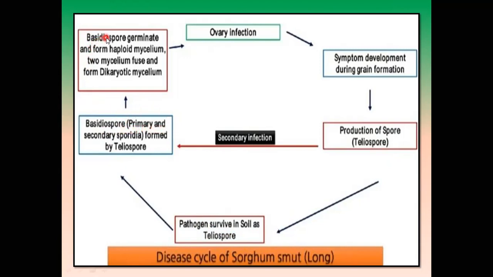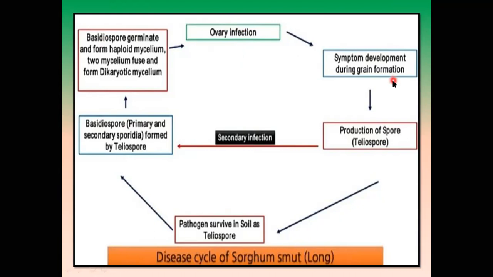Finally basidiospores are produced, and these basidiospores fall directly on the developing earheads having the flowers. So these ovaries get infected by these basidiospores. These basidiospores mainly convert the ovaries into larger smut sori.